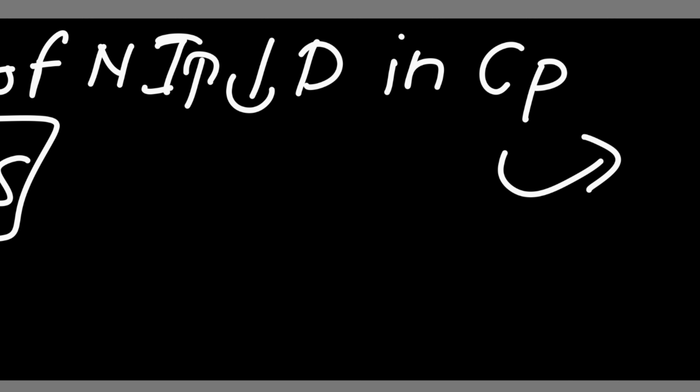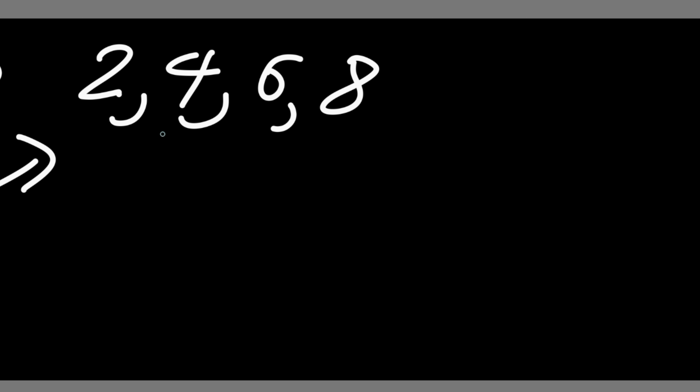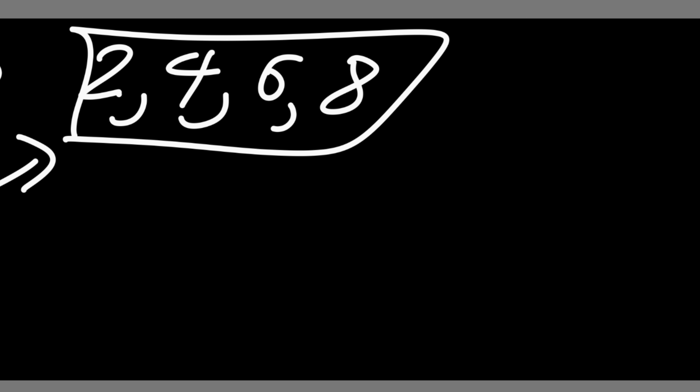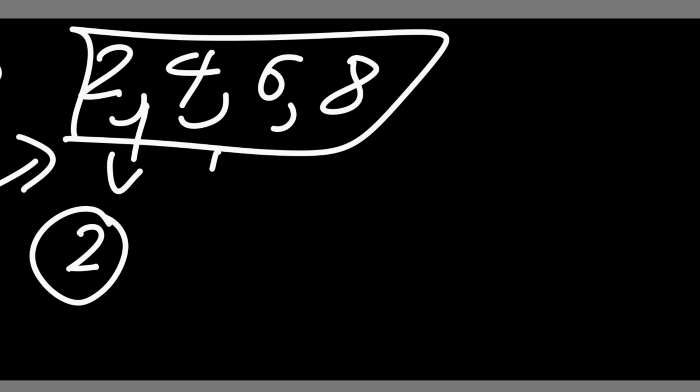To make you understand much easier, let me give you an example. 2, 4, 6, 8. This is a group of numbers that is increasing, and it is increasing in a certain pattern. Can you guess which pattern? Yes, it is increasing by the gap of 2.